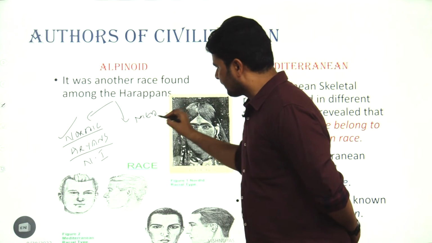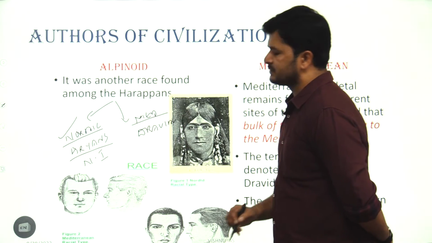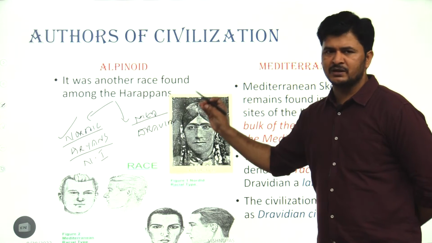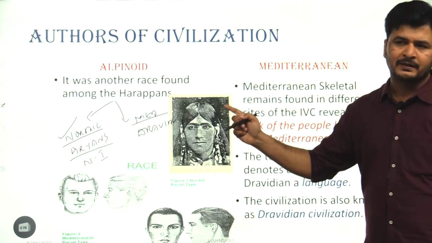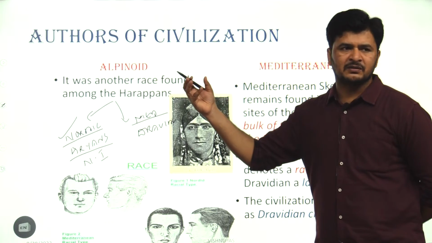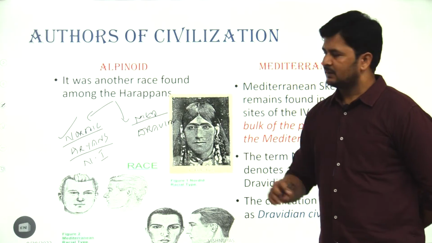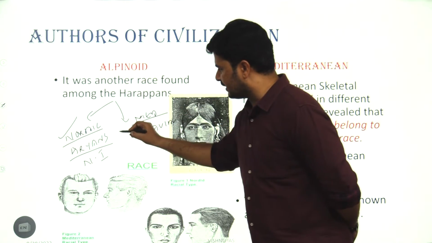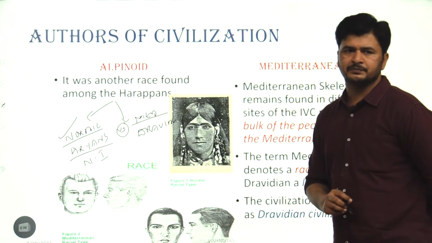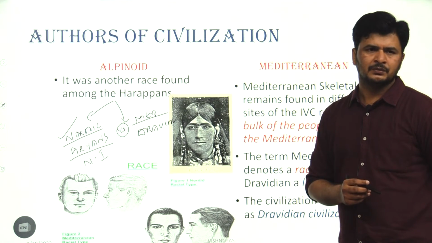Then how about South Indians, otherwise called the Dravidian race? We'll discuss this element once again as part of the decline of Indus Valley civilization and as part of Vedic civilization. We have one more element, Nordic versus Mediterranean, Aryans versus Dravidians. A very basic concept, a little bit of confusion.